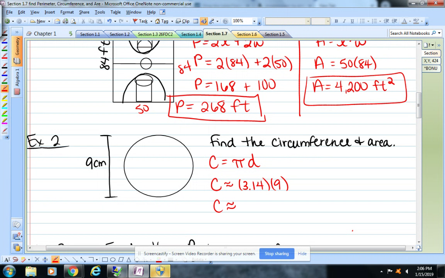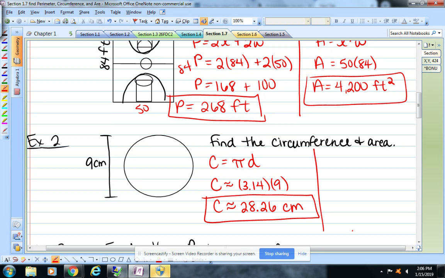So y'all put 3.14 times 9 in your calculator and tell me what you get approximately. 28.26. What's my units? Centimeters. Always use your units, please. So there's our circumference. That's our distance around our circle.